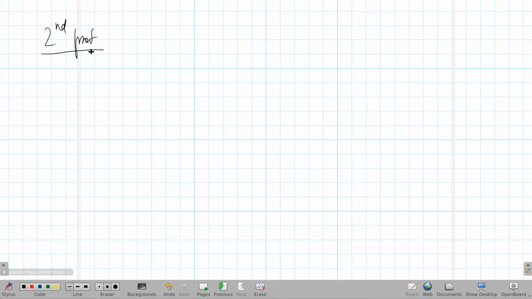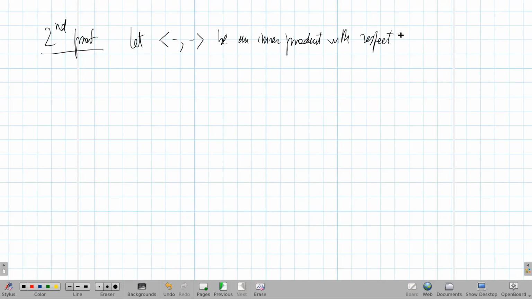So let's consider an inner product with respect to which the elements of rho g are unitary.